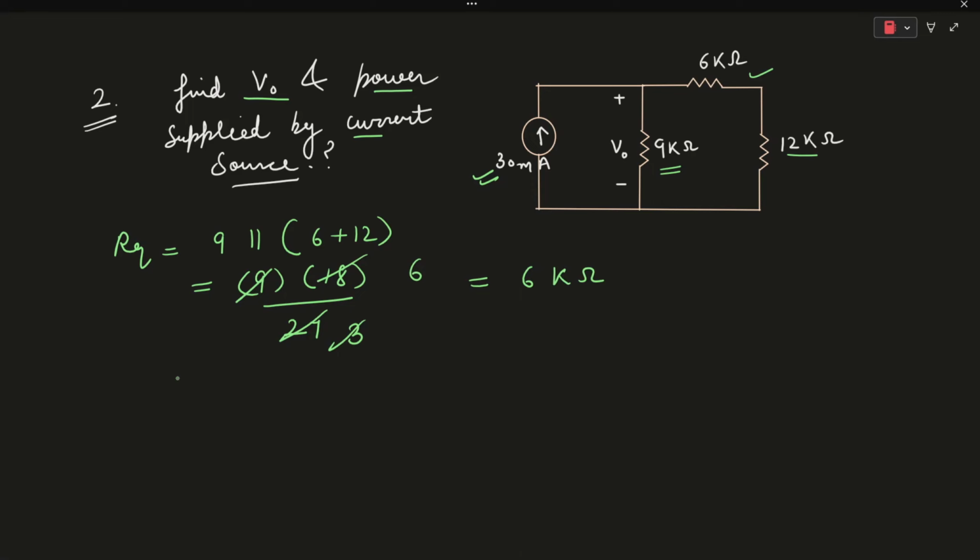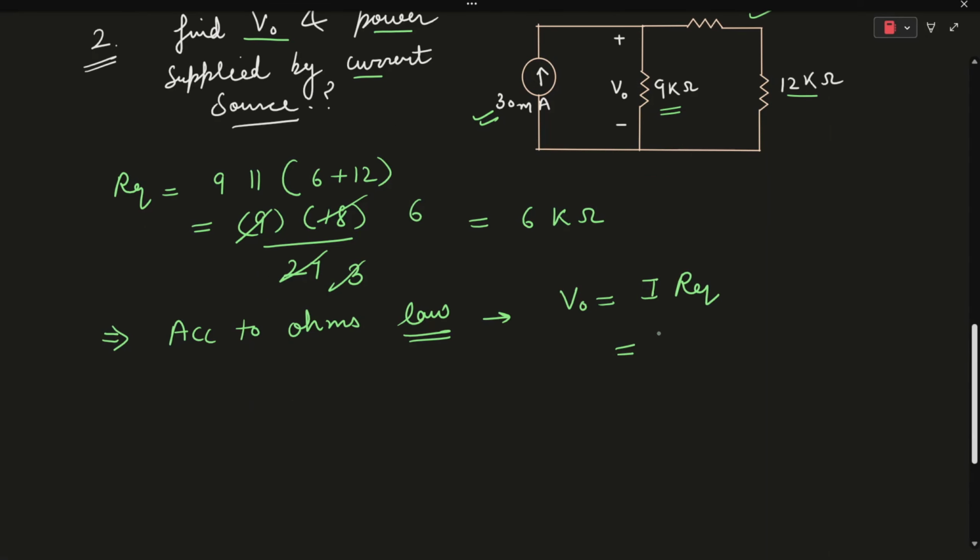According to Ohm's law, the voltage V naught will be equal to this current I into the equivalent resistance R equivalent, which is 30 into 6, which is 180 volts. So the value of the voltage V naught will be equal to 180 volts.